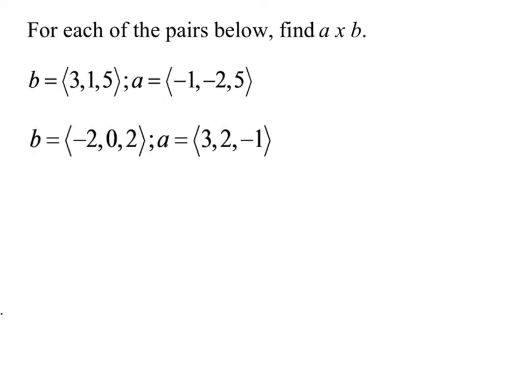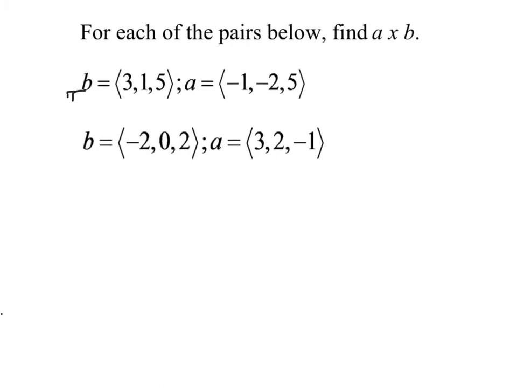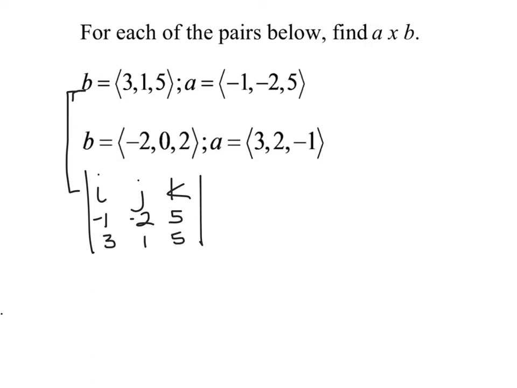Let me do the first problem just down in here. Okay, so we've got I and J and K. So it's A cross B, so you should put A first, like that.